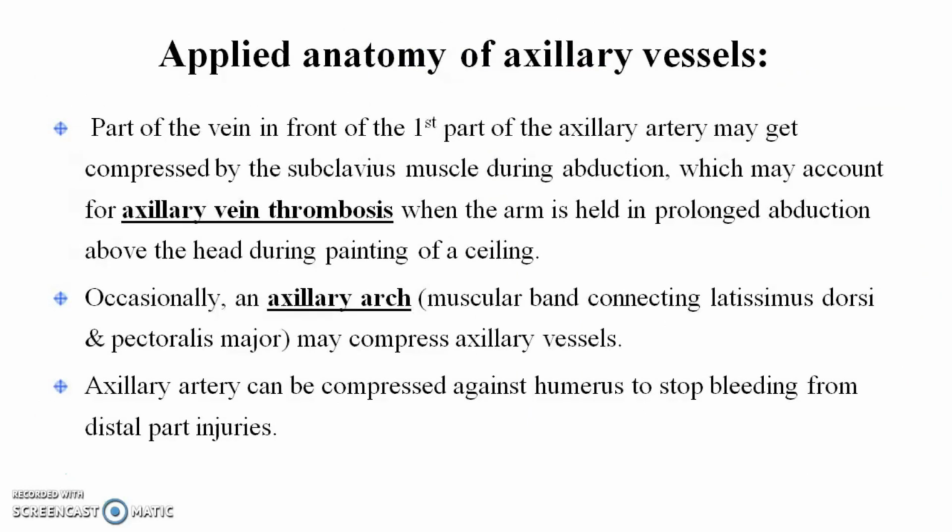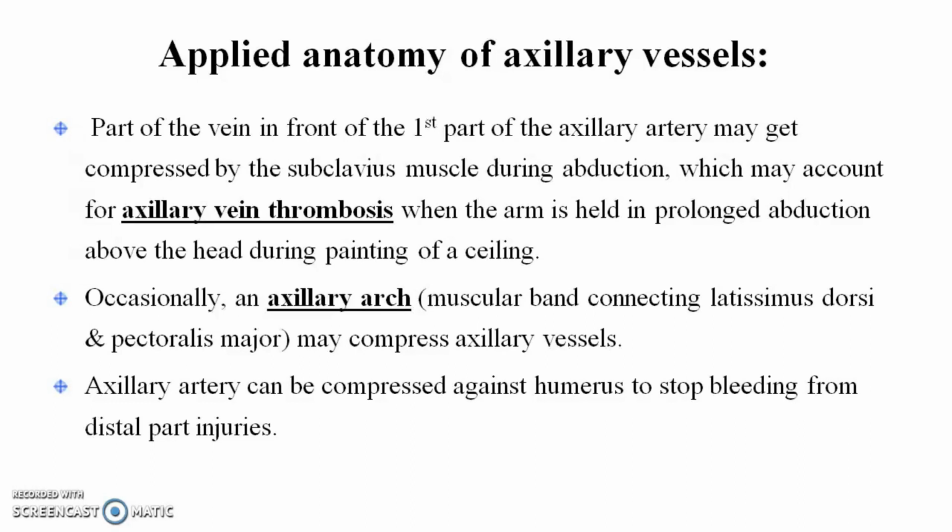About axillary vessels, first we are going to talk about the part of vein which is present in front of the first part of axillary artery. The vein may get compressed by the subclavius muscle. In the pectoral region we have a muscle just below the clavicle, which we call the subclavius muscle, and during abduction this muscle in some cases will compress the vein which is present in front or anteromedial to the axillary artery.